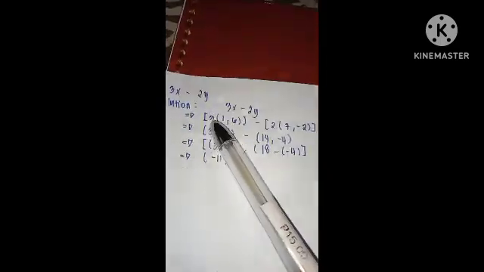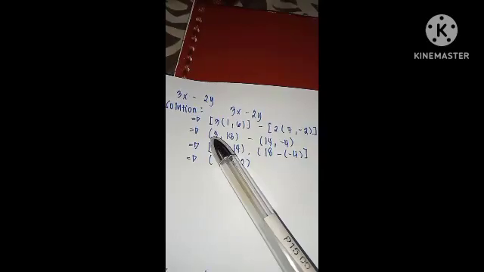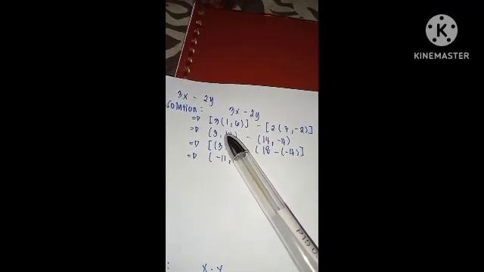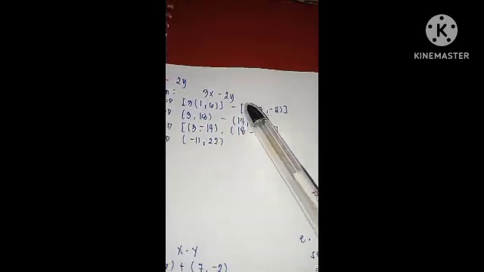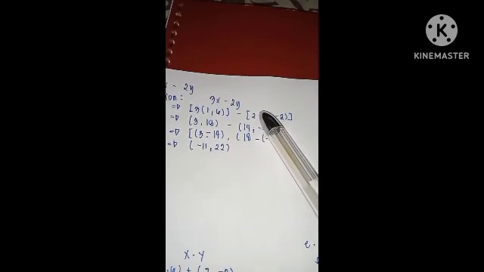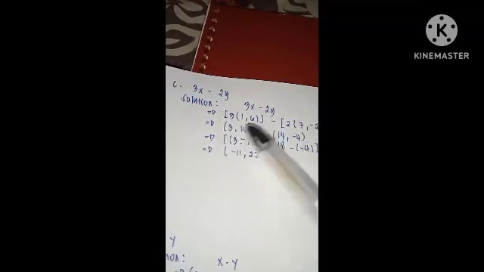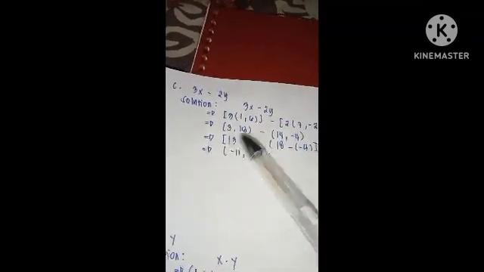So 3 times 1 is equal to 3. 3 times 6 is equal to 18. 2 times 7 is equal to 14. 2 times negative 2 is negative 4. So we will combine the x and y.